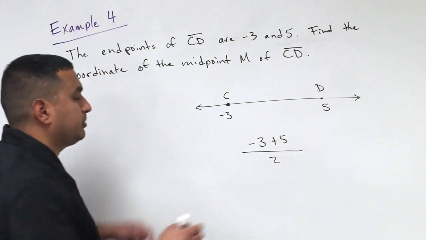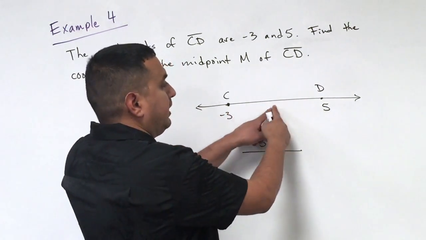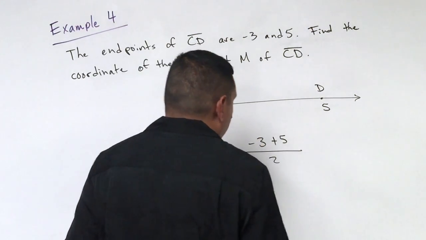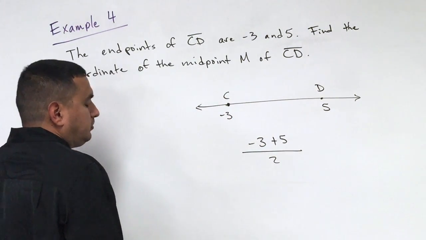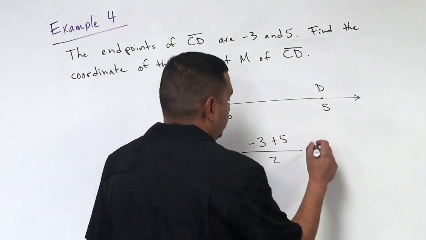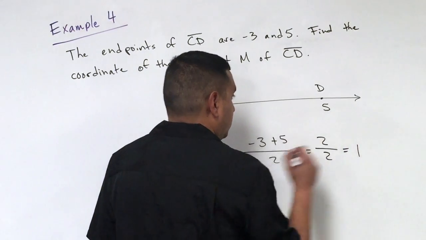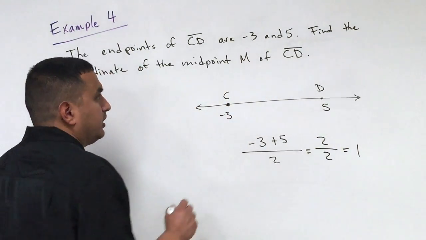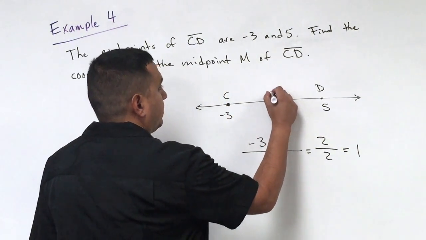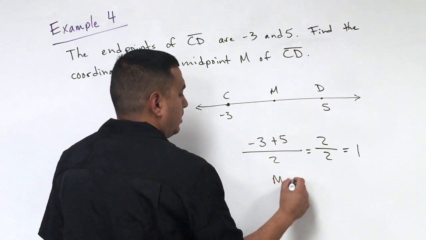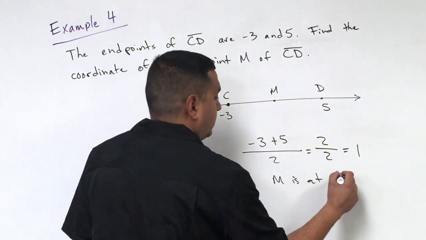So I'm taking this length and cutting it in half. All right, so -3 plus 5 is 2, divided by 2 is 1. So the midpoint M, my M right here, is going to be at 1.